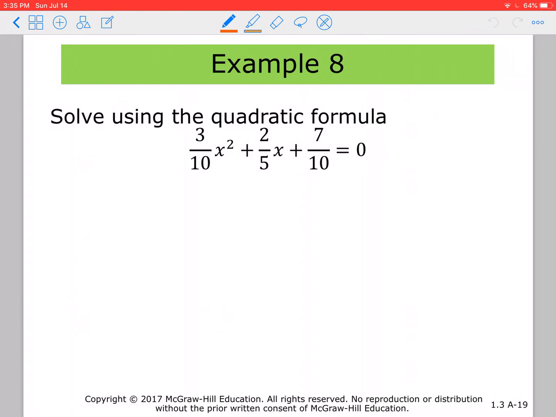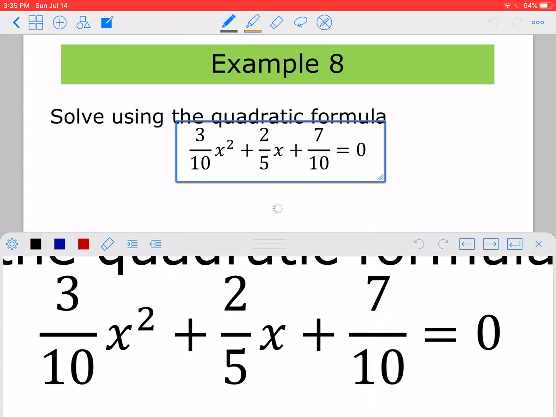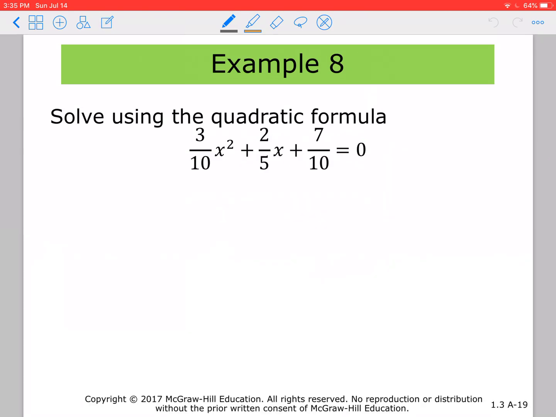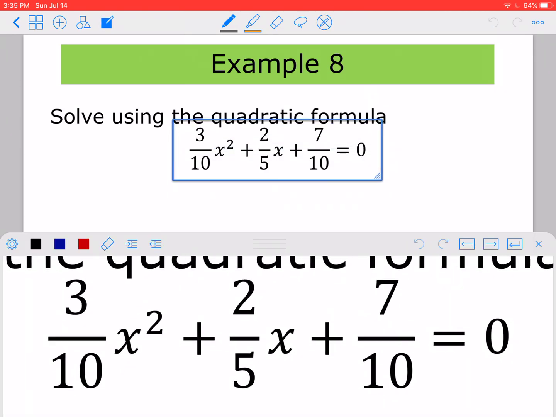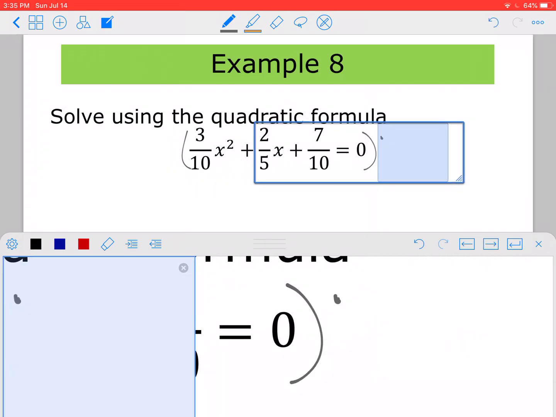So, if we multiply everything by 10, then that will get rid of those numbers on the bottom of the fraction, okay? So, if we multiply by 10, then we've got 30 over 10 x squared plus 20 over 5x plus 70 over 10, and 0 times 10 is just 0.